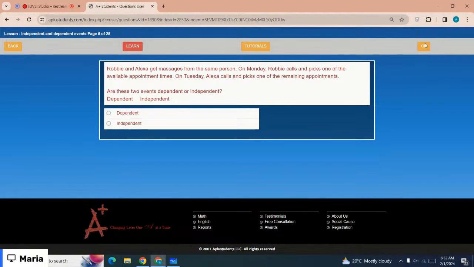Yes, they are the dependent events, right? The correct option is dependent.